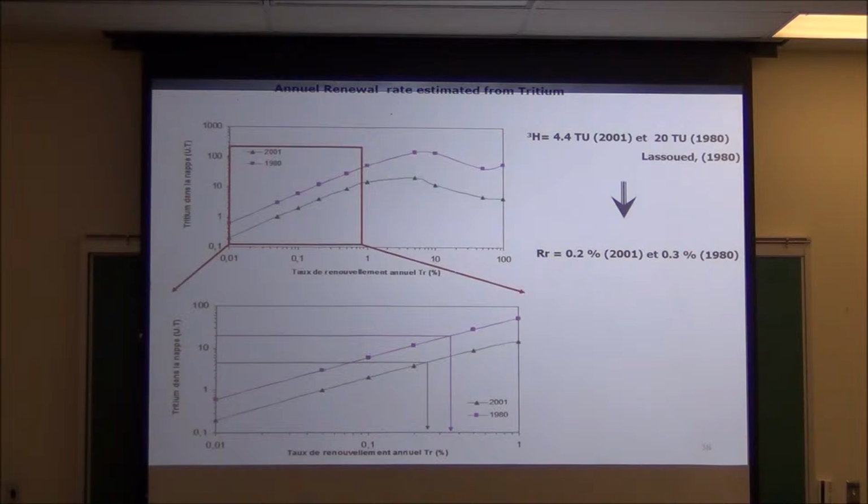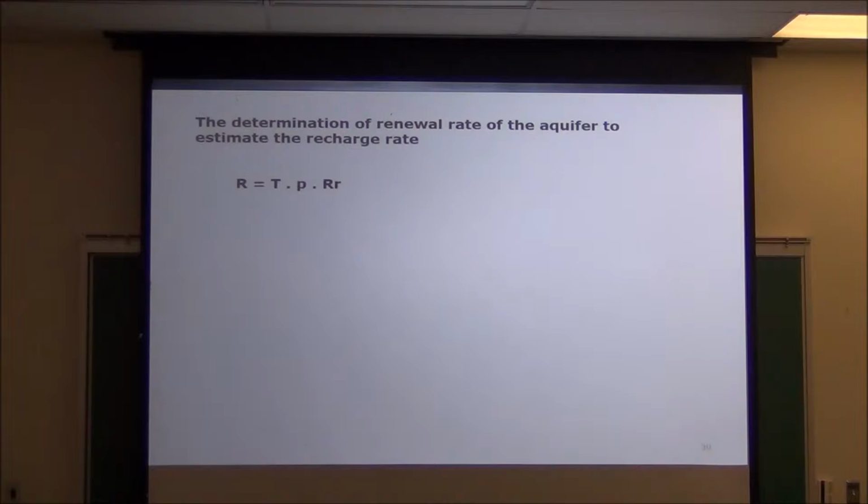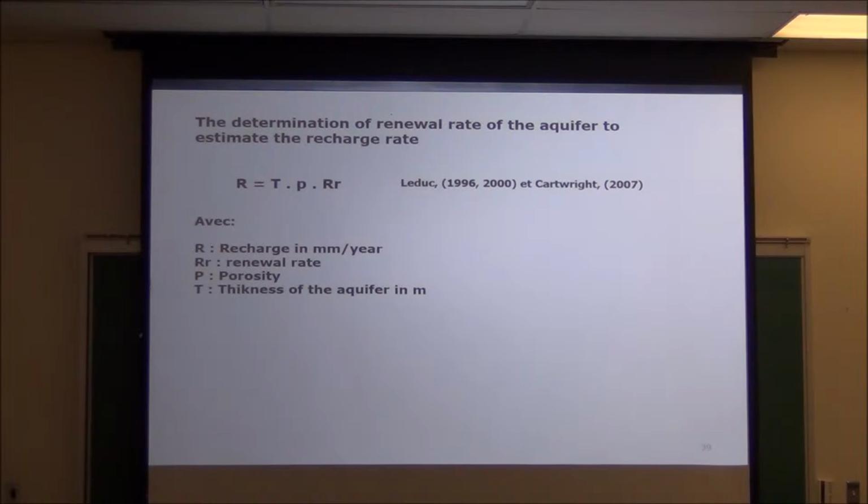With this value of renewal rate, we can estimate the recharge rate through this equation with the thickness of the aquifer and the porosity, and we can estimate the recharge rate for El Hawariya with the thickness of 90 meters and porosity of 14%.